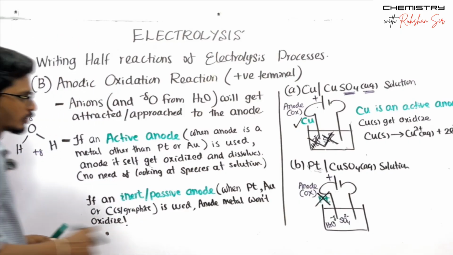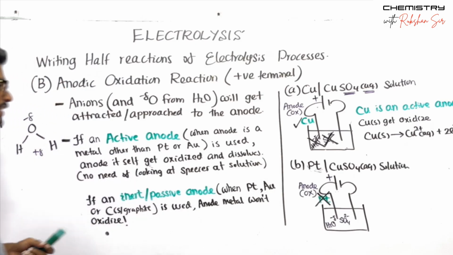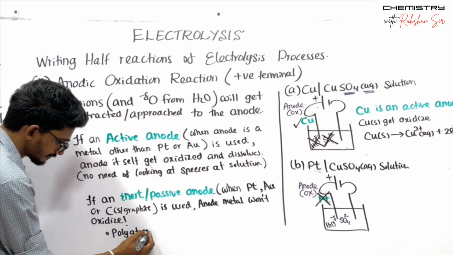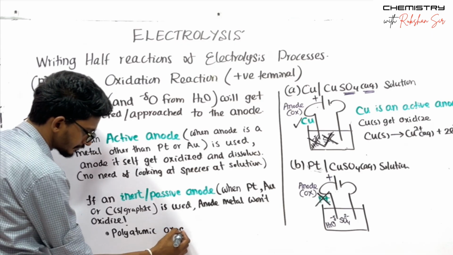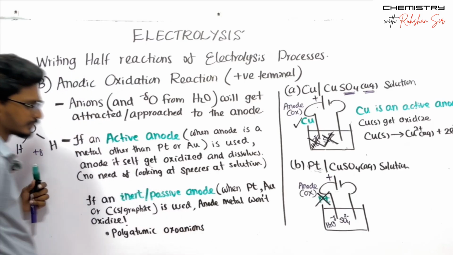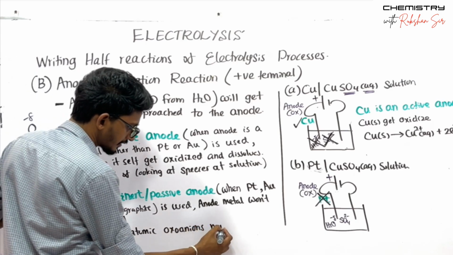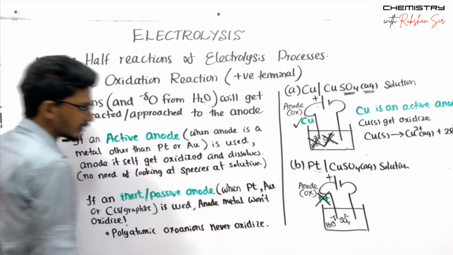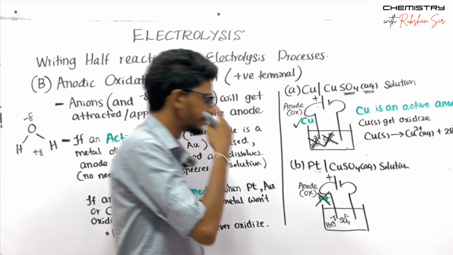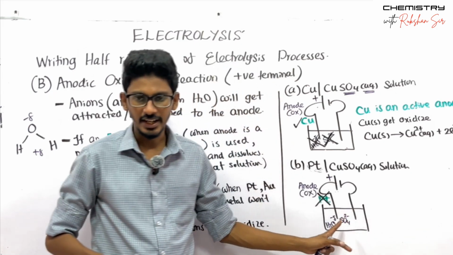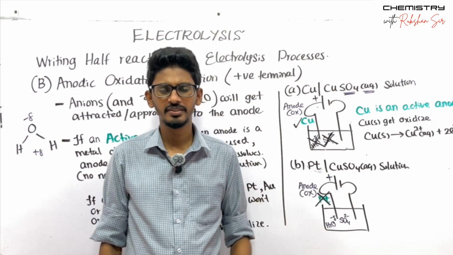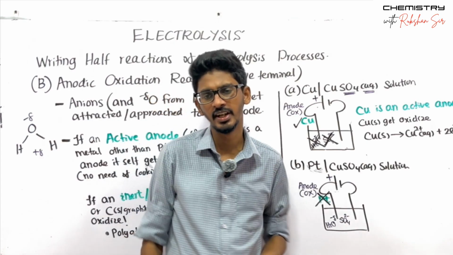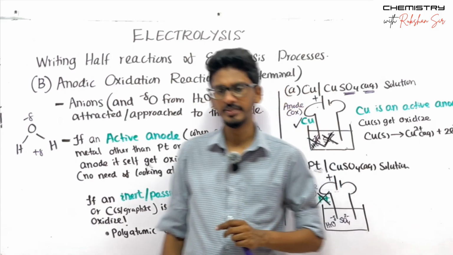So out of the species in the solution, polyatomic oxygen ions never oxidize. What are these polyatomic oxygen ions? Sulfates, nitrates, carbonates, phosphates, sulfites, nitrites: oxoanions, oxygen-containing anions, polyatomic, not the OH minus.